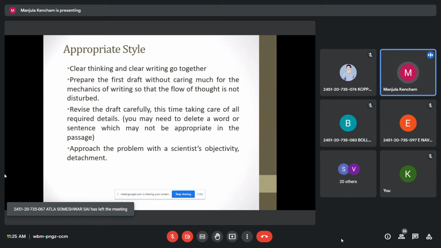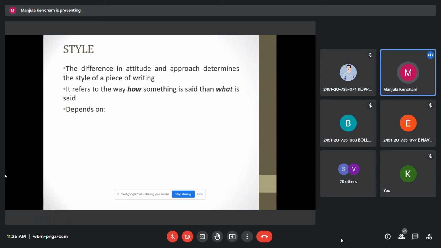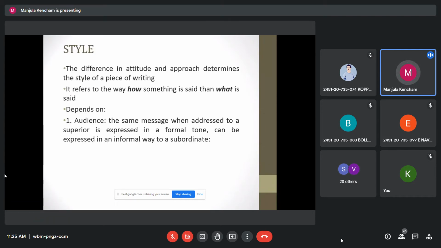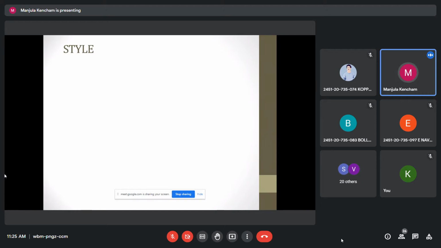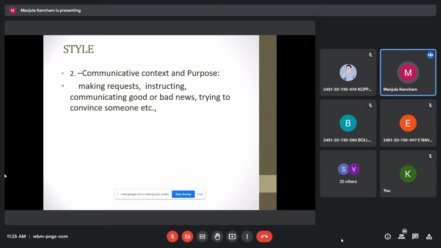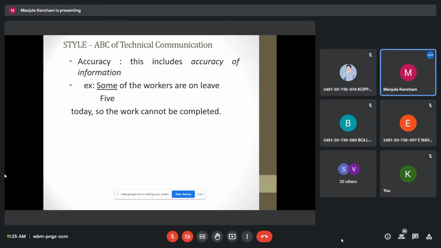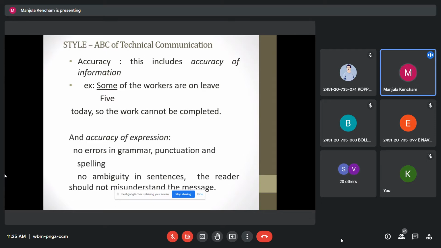Style of communication, how to improve your style of communication. It refers to the way how something is said rather than what is said. As I told you, it depends on the intimacy you share, the purpose of writing, the language you choose to use, the relation you share with your audience. ABC of technical communication: accuracy of information, accuracy of expression.